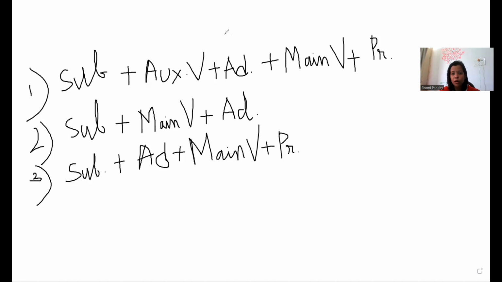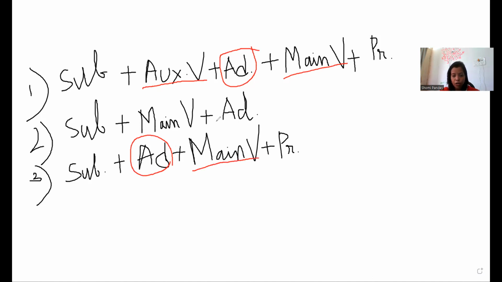So let me maybe draw some lines. Okay, so you see, one is when you have the auxiliary verb and you have the main verb and the adverb is coming in between. Okay, then one can be when the adverb is coming immediately before the main verb.